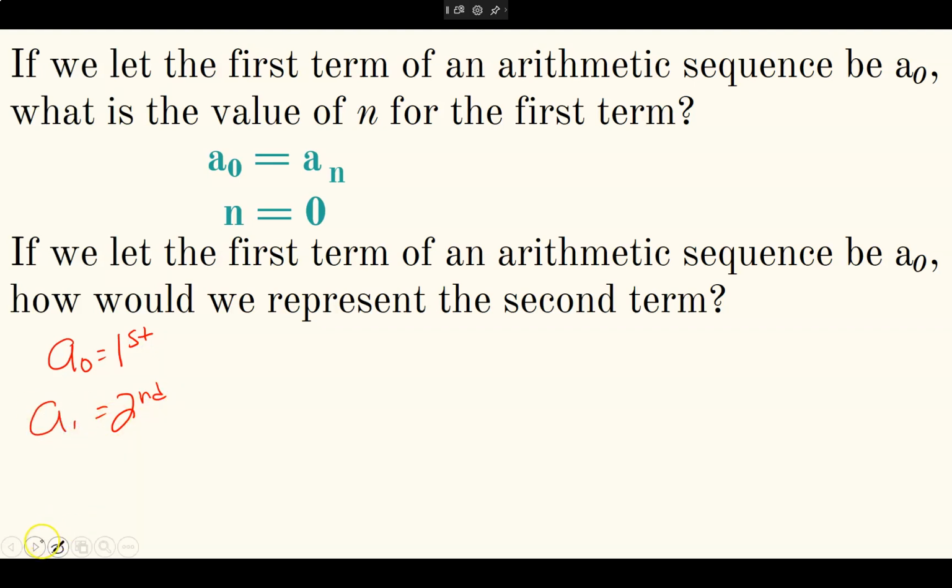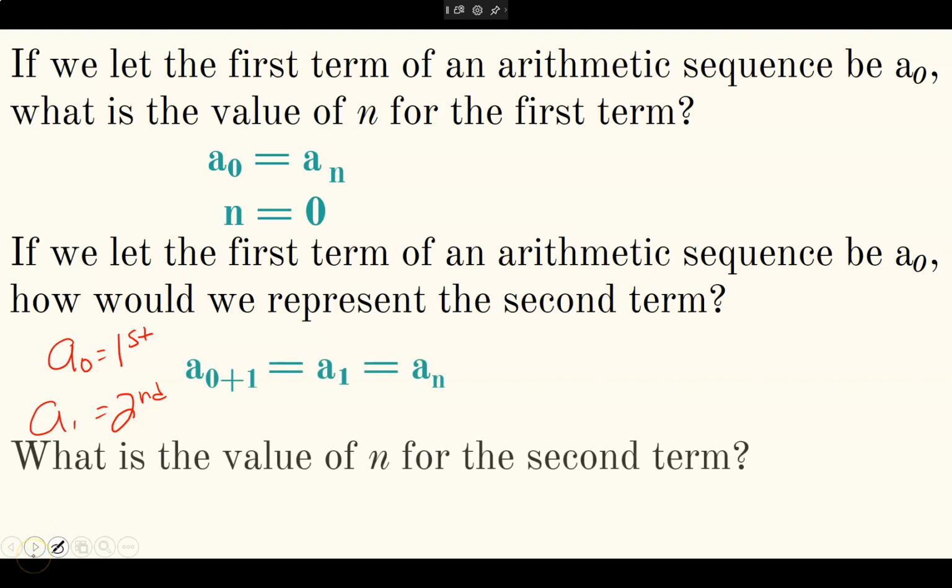A sub 1. Good, yes. Because we're moving to the next piece. So the value for n is 1. Okay, so we're going to keep that in mind when we talk about Hans and his hourly wage.